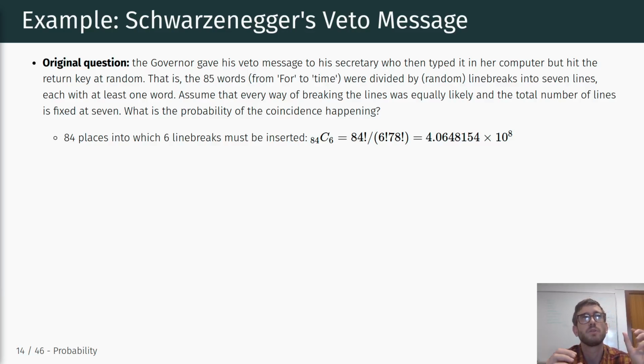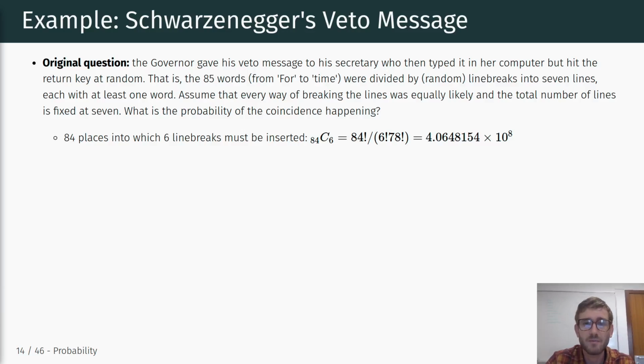So if we want to count the number of possible ways we can arrange those line breaks, we can think of this as a combinatorics problem, where we insert 6 line breaks at 84 different places, right?